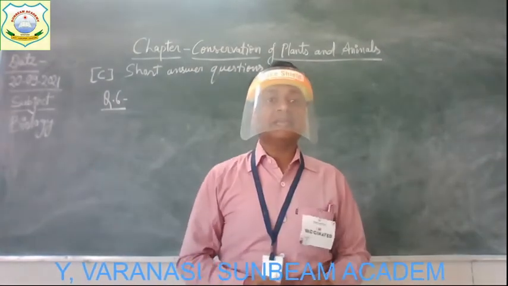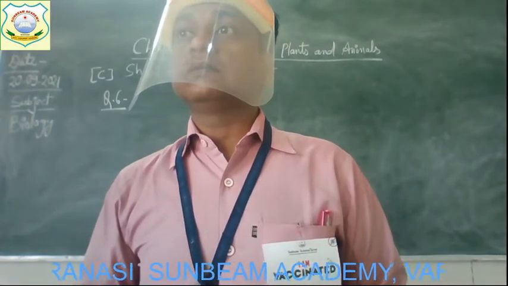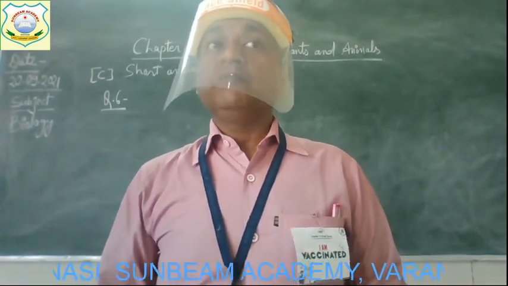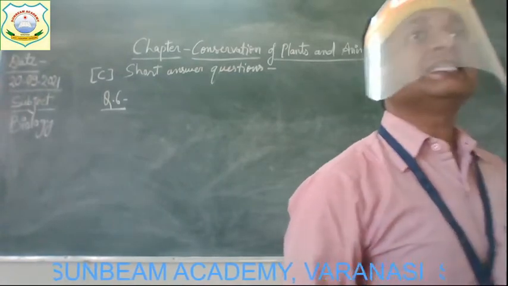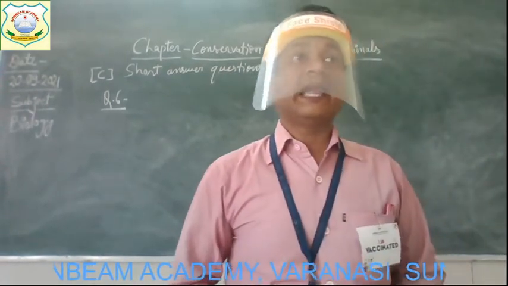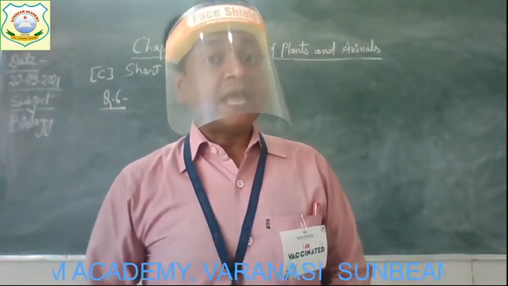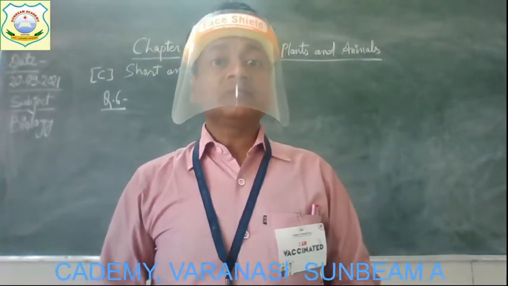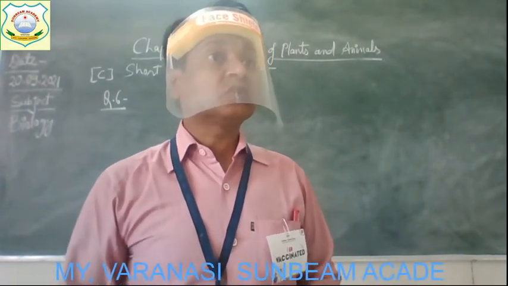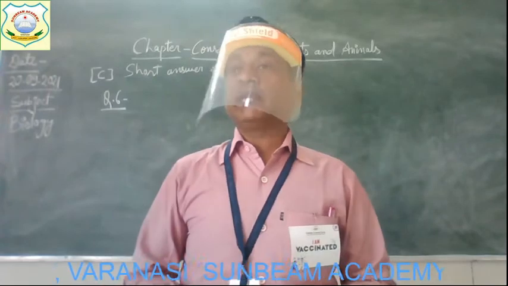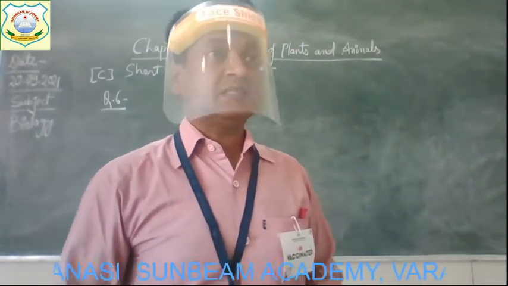The question is, what are endemic species? Children, we have explained the different kinds of species of plants and animals in the chapter, like endangered species. Endemic species are simply the species of plants and animals that are found exclusively in a particular area and are not naturally found anywhere else.